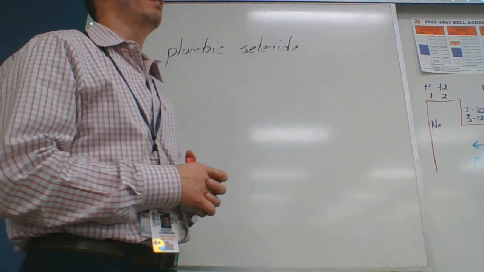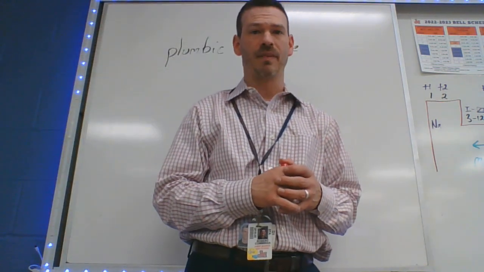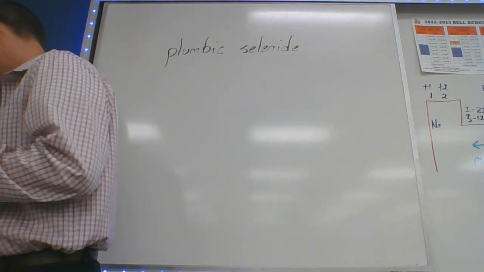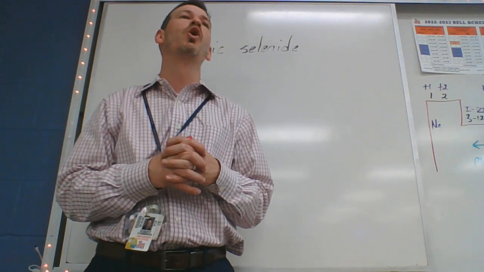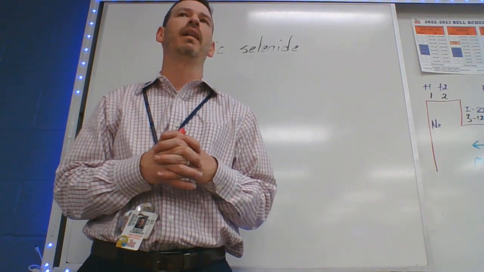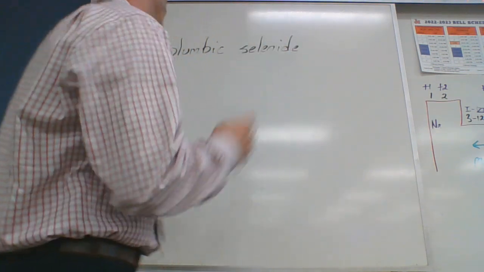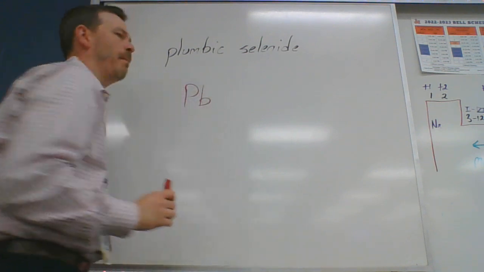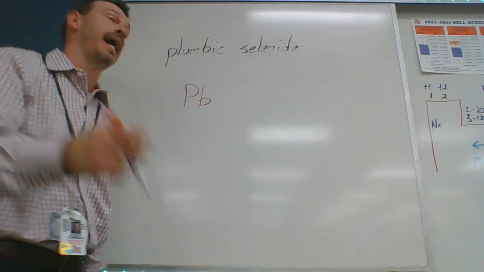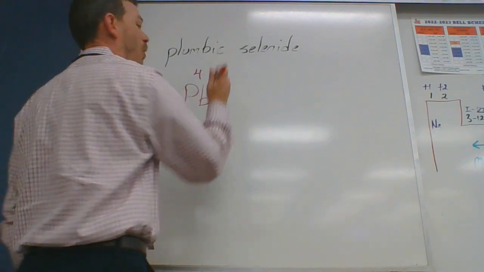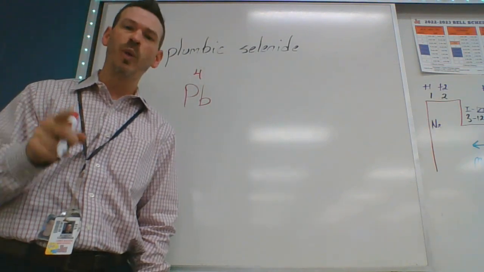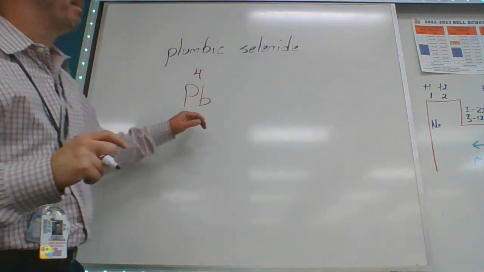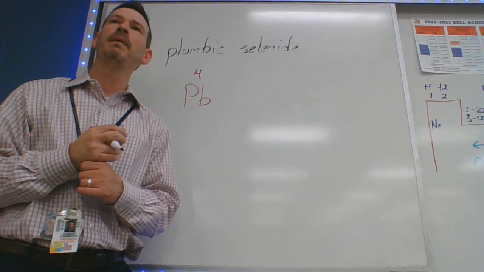Hey, look at the side of your polyatomic list that you didn't have to memorize. I want you to look at the quiz 3 section and see if you can find the word plumbic anywhere on your polyatomic list. What do you see? It's Pb. Not only is plumbic Pb, what charge does plumbic have? +4. Make sure everyone can see. Look in the quiz 3 section of your polyatomic sheet and prove to yourself that plumbic is Pb +4.